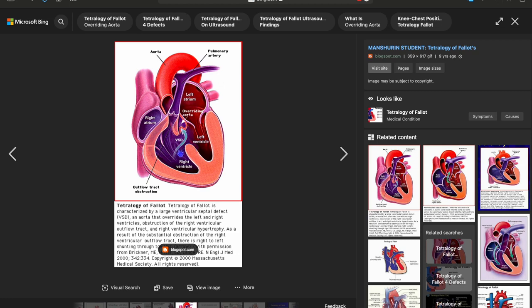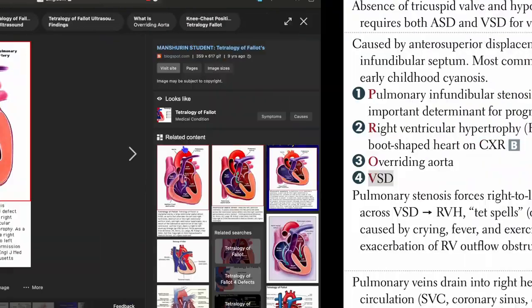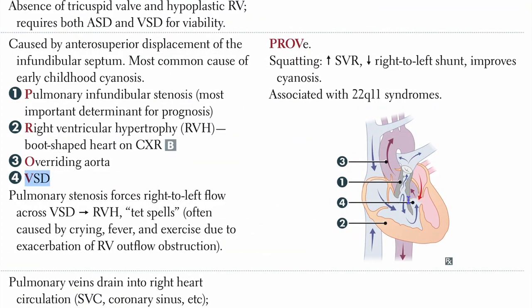So when this pushes, it can go from here or it can go from here, and there's mixing of blood here as well. Okay, so that's what the overriding is. This thing is just too far down, but essentially through the VSD it can go straight out as well.